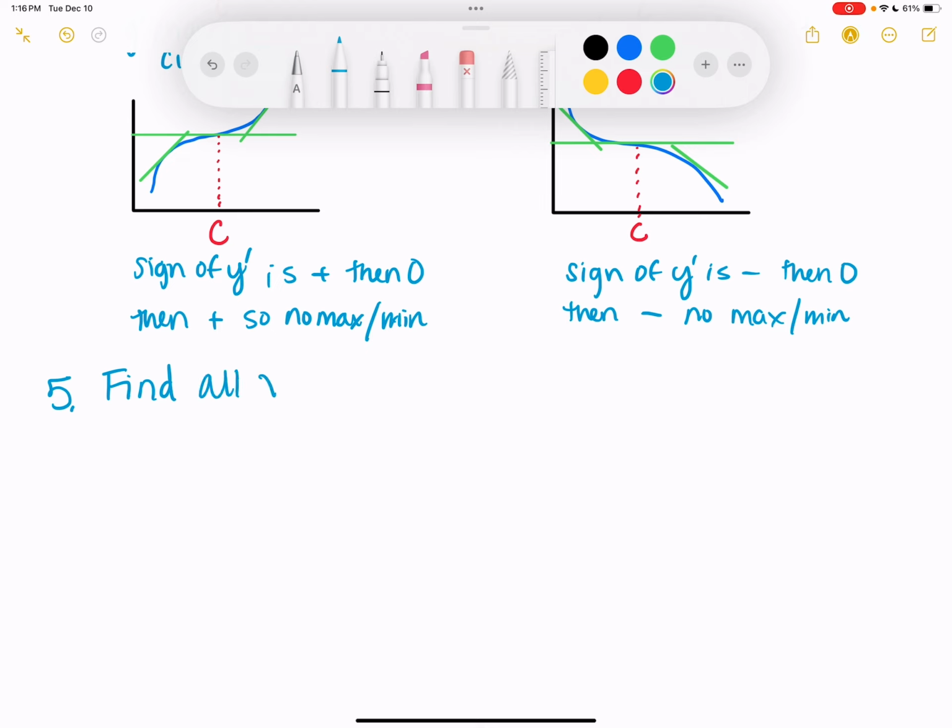Find all x values where y double prime equals 0. These are possible points of inflection.